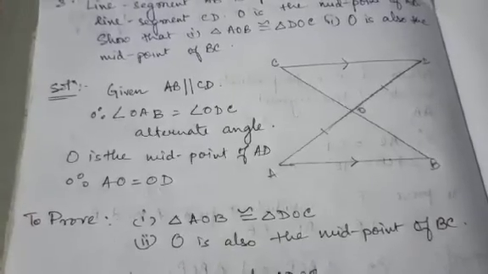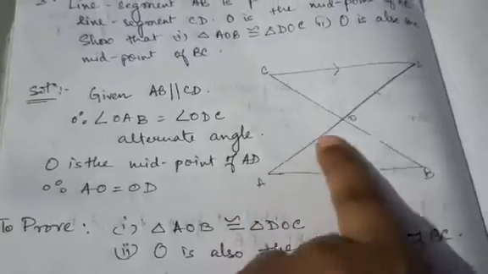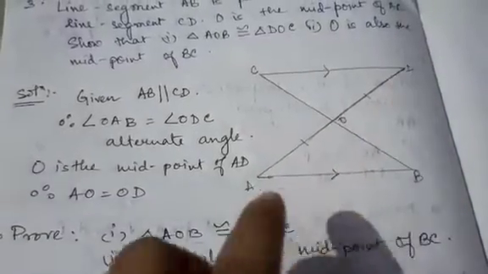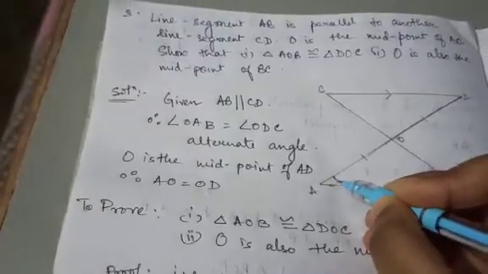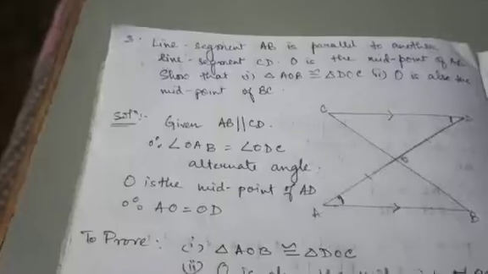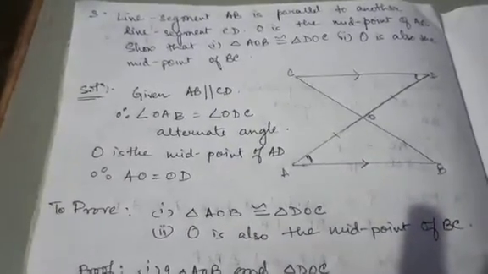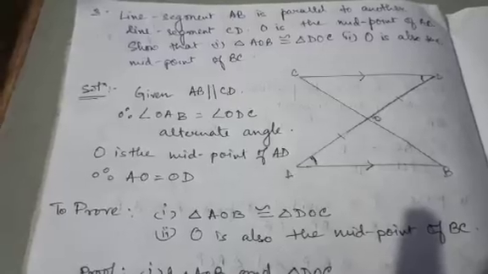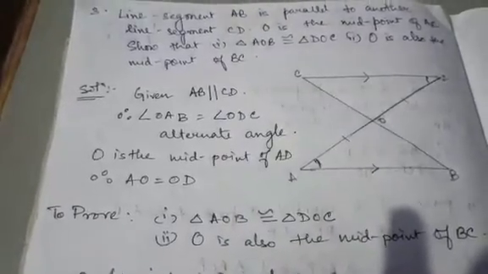If AB and CD are parallel and AD is the transversal, we can say that angle A is equal to angle D. The reason is alternate angles. It is also given that O is the midpoint of AD. Therefore, OA is equal to OD.